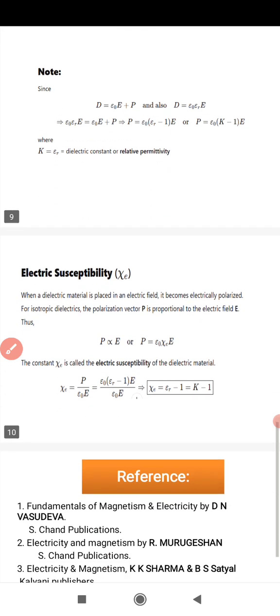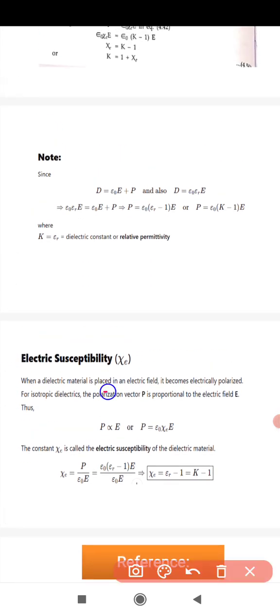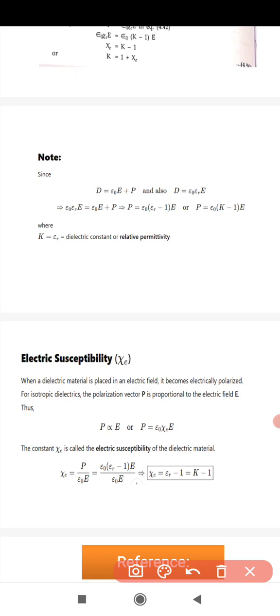Now, electrical susceptibility is defined as follows: a dielectric material placed in an electric field becomes electrically polarized with induced dipoles. The electric polarization vector P is proportional to the electric field. The polarization vector is directly proportional to the net electric field.